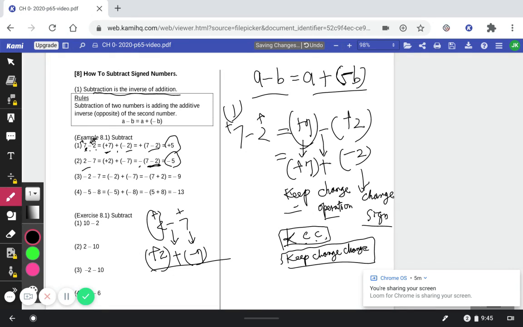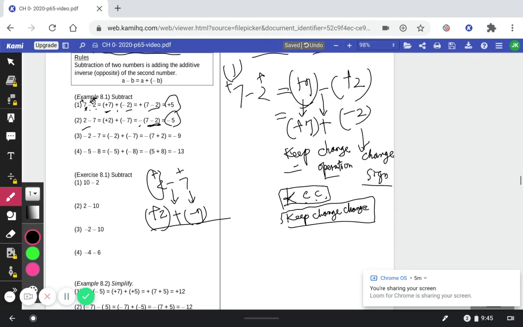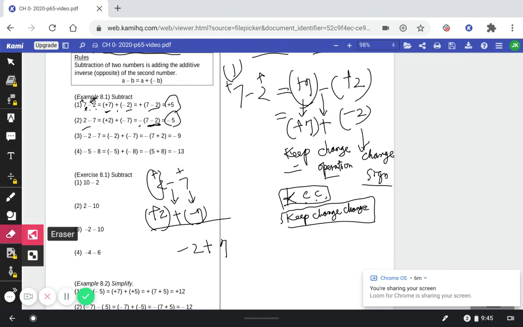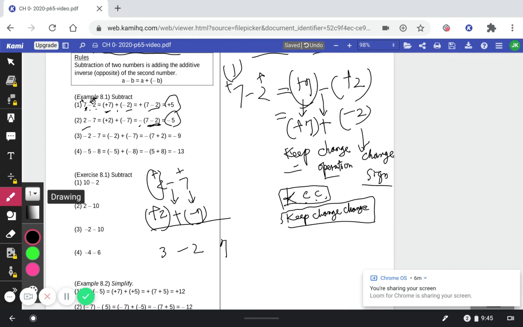So you keep this process, or keep memorizing keep change every time there is a subtraction, until you become really good at signed numbers. Number 3, how about negative 2 minus 7? That's the third one, right?